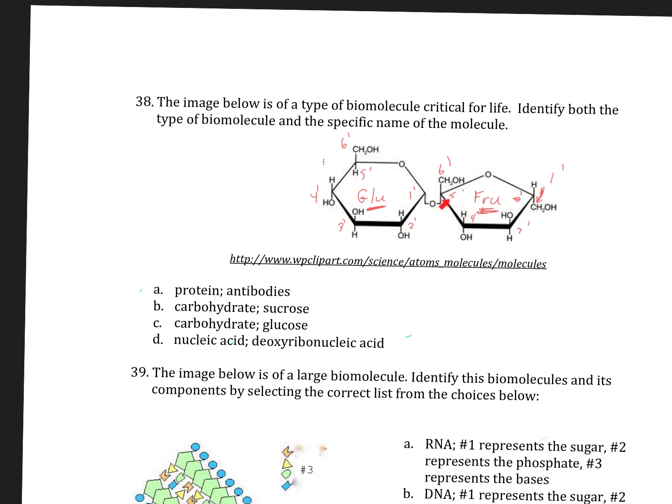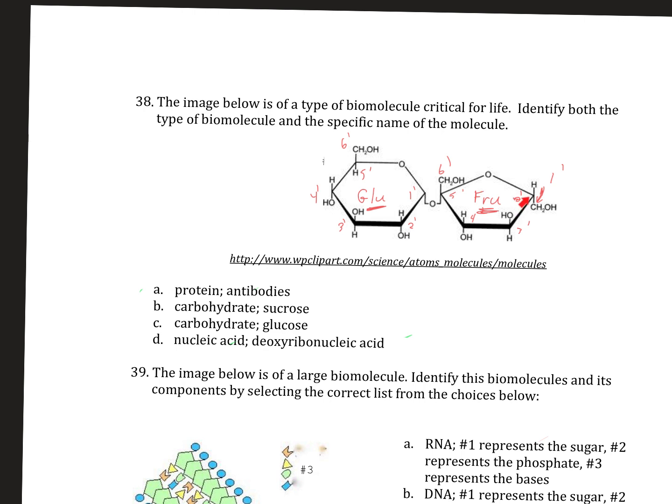2 sugars, they have to be carbohydrates because they only have carbon, hydrogen, and oxygen. If I count the number of carbons, I know that every connection between the lines is a carbon. So 1, 2, 3, 4, 5, 6. And I count the number of oxygens, 1, 2, 3, 4, 5, 6. 6 carbons, 12 hydrogens, 6 oxygens. That's a carbohydrate. It's a 1 to 2 to 1 ratio.